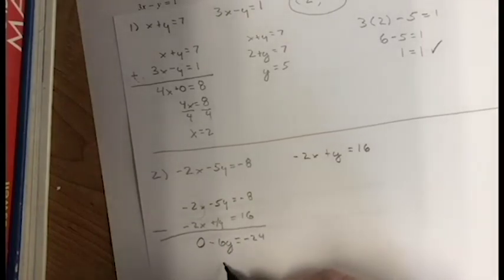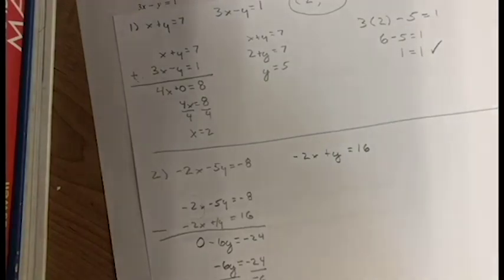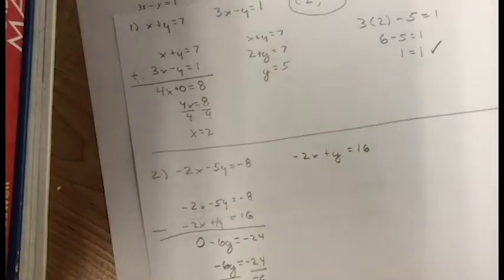We can simplify this to say negative 6y is equal to negative 24. So I've subtracted my equations, and now it says in step 3, we need to solve the new equation for the remaining variable. So all I have to do now is take this and divide by negative 6 to solve for y. When I do, I get that y is equal to a positive 4.